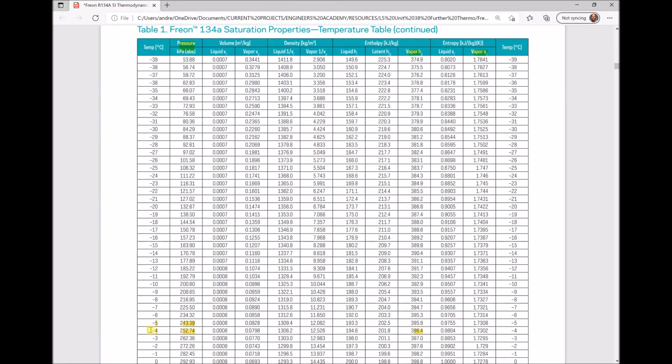And at -5 degrees, we have 395.9. And the entropy values corresponding there are 1.7302 and 1.7308. So I'm going to transfer all of that information across: the temperatures, the pressures, the enthalpies and the entropies, and then we're going to determine our enthalpy and our entropy of our vapour at 250 kilopascals.